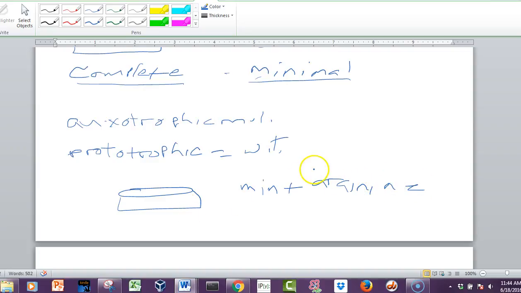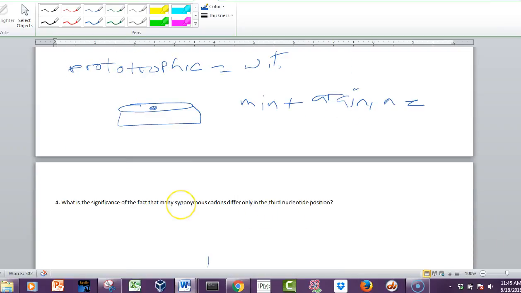Minimal plus arginine. Then it will grow. So now the mutant will grow. It won't grow on just minimal, but if you add arginine, then it will grow. So that means that mutant is somehow defective in making arginine, because if you add arginine, it can grow.